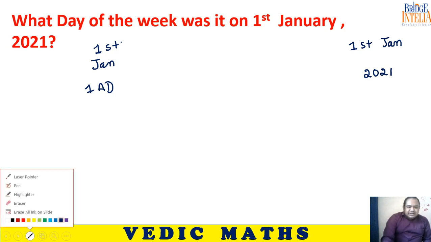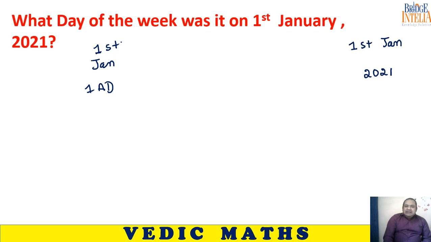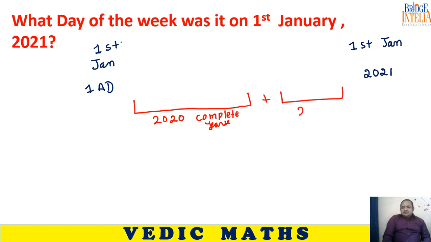It means that 2020 complete years have gone by, because 2021 is still going on. And one more day, you have chosen for counting from the year 2021. This is the total counting you have to do.